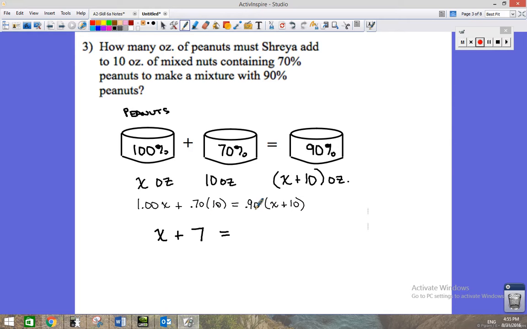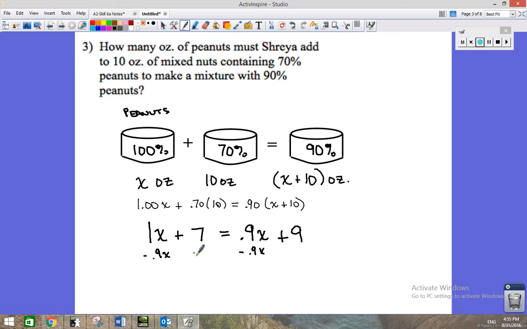Distribute this 0.90 to both terms. I'm going to go ahead and put a 1 there as a visual aid. 0.9 times 10. Well, multiplying by 10 is going to move that decimal place over. So that's 9. Alright, so let's collect our variables on the left-hand side. So let's subtract 0.9x from each side.